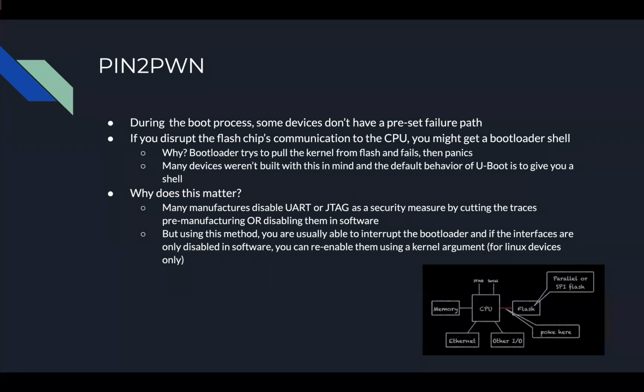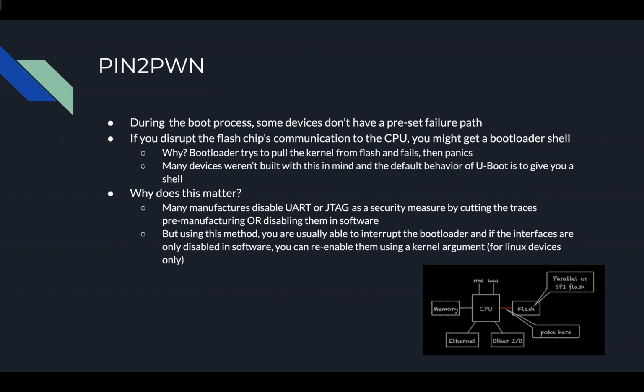So basically the idea behind this attack, you short 2 pins, specifically an address pin or a data pin together, so that they're not really carrying any power. It's just signaling mostly. And once you have them shorted together, you are basically going to disrupt the communication between the CPU and the flash.